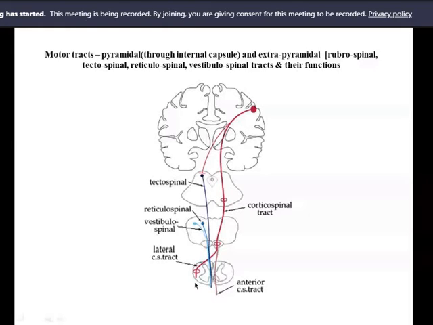And for that the extrapyramidal tracts are there, tectospinal, reticulospinal, vestibulospinal, and those tracts are getting the collateral from the pyramidal tract. You see the collateral or branch. So when the pyramidal tract is active, automatically the extrapyramidal tracts are active, because on the platform of the extrapyramidal tract, pyramidal tracts work. Am I clear to you all?